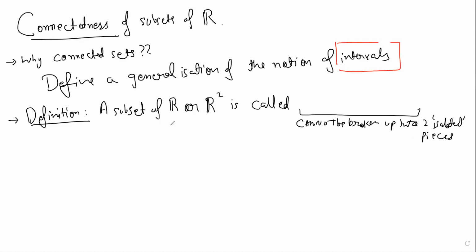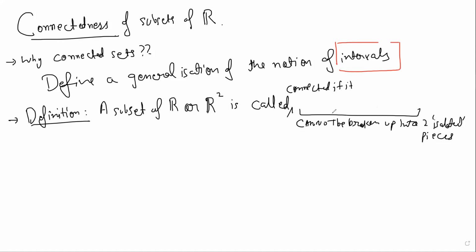Because obviously you can take any set and set-theoretically partition it into two parts. That is always possible. But the sets we want to look at are those called connected if they cannot be broken up into two isolated pieces.